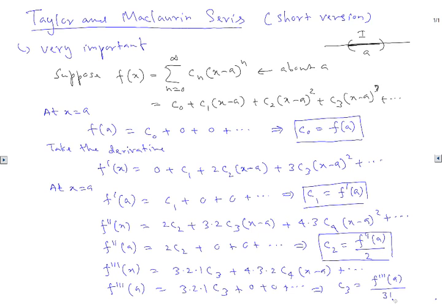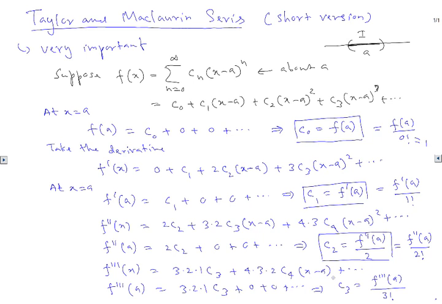So the factorial term is there. For example, the previous one you can write as the second derivative at a over 2 factorial. And this one you can write as the first derivative divided by 1 factorial. And the first one you can write as f(a) divided by 0 factorial. 0 factorial equals 1, that's a convention.